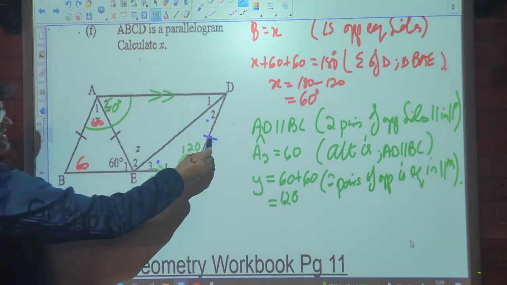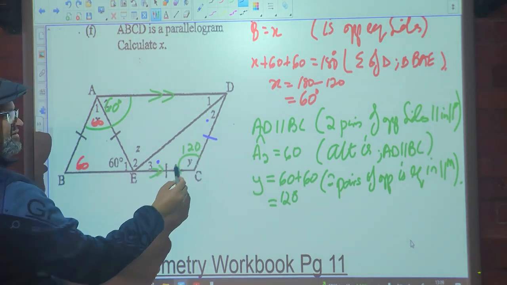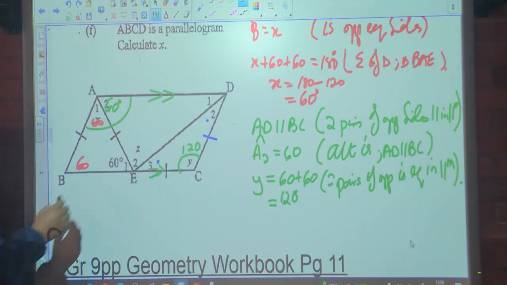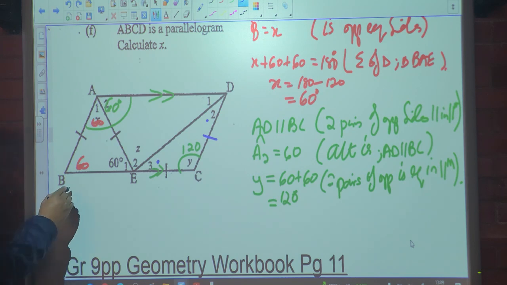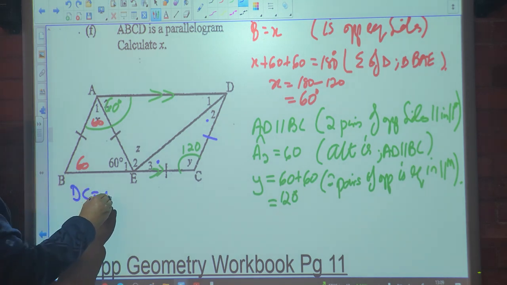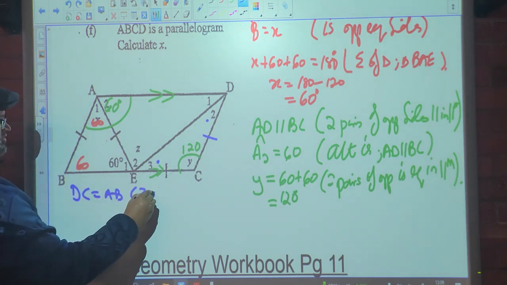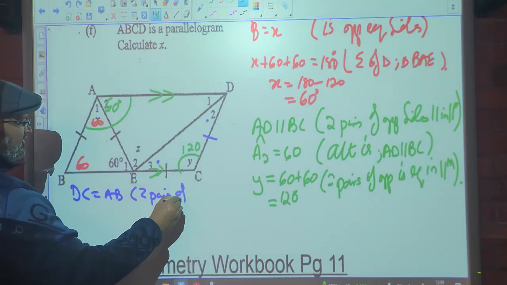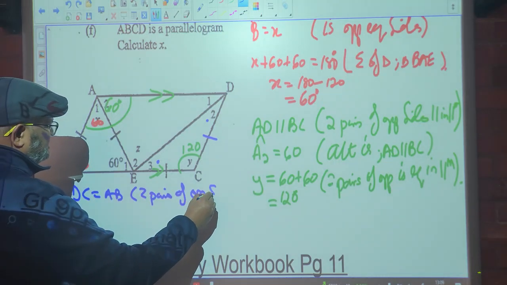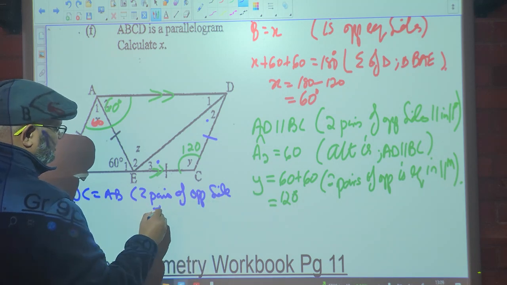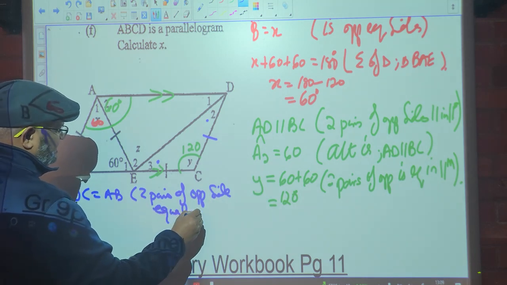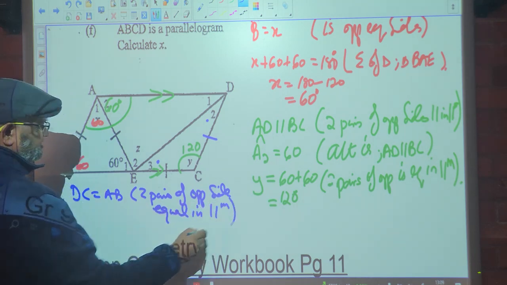With that being said, here we got an isosceles triangle now, not so, with base angles being equal. Okay, so let's go with that. We know that DC is equal to AB. Why? Two pairs of opposite sides equal in a parallelogram.